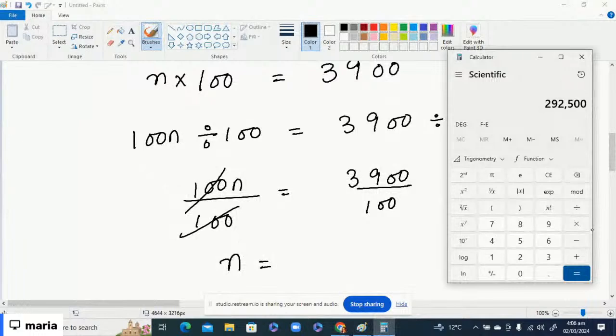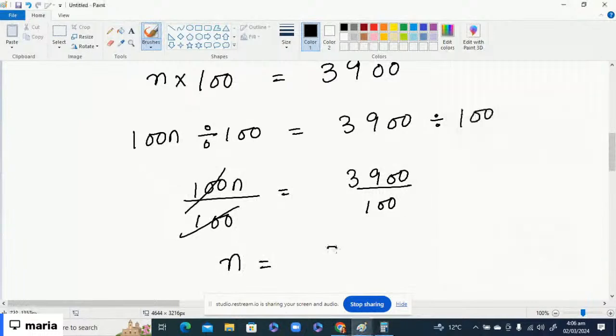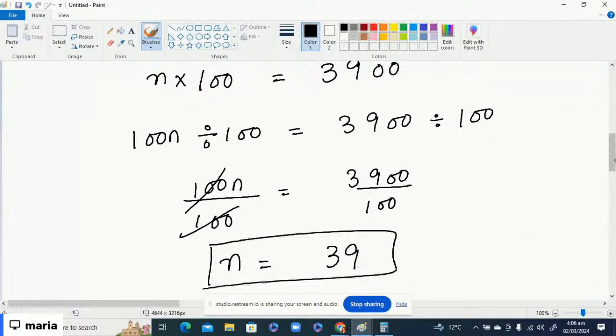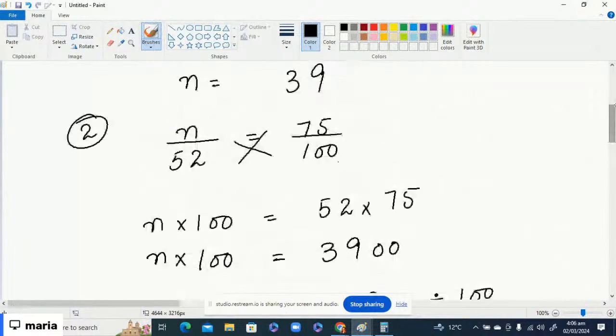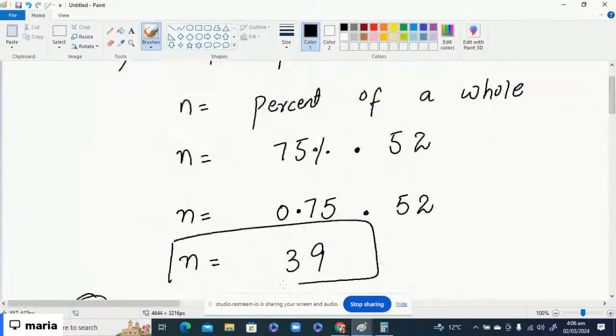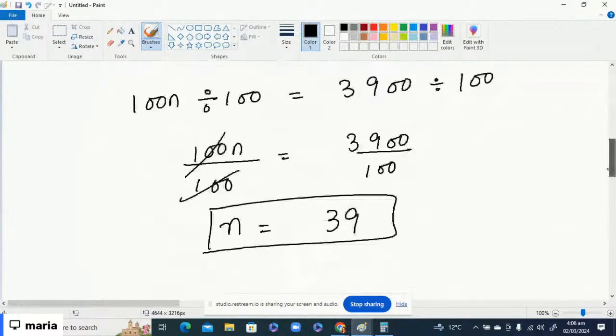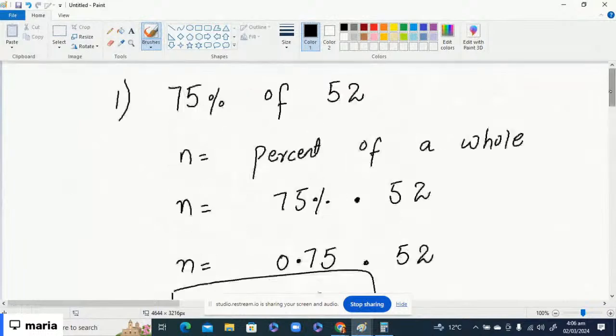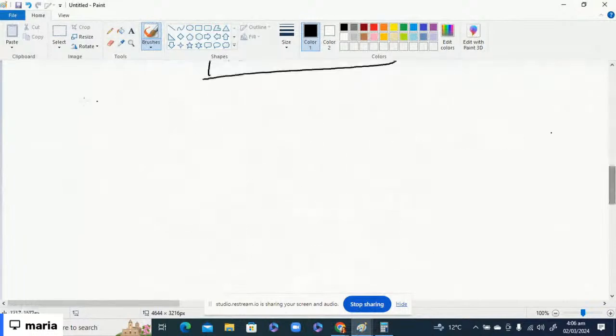It's only 39. Look at here, the answer from the second method and the answer from the first method both have the same answers. Any method that you want to choose. Okay, let's do one more question related to that, using both the methods.